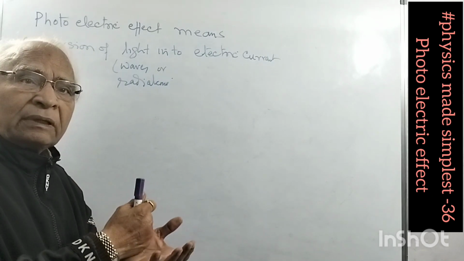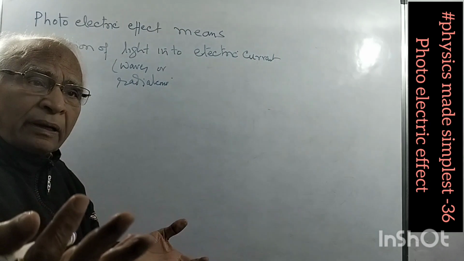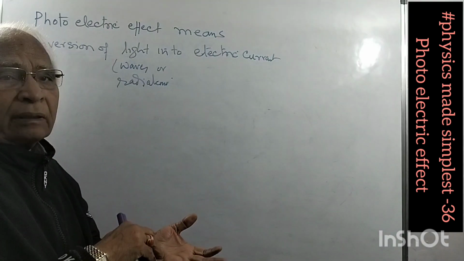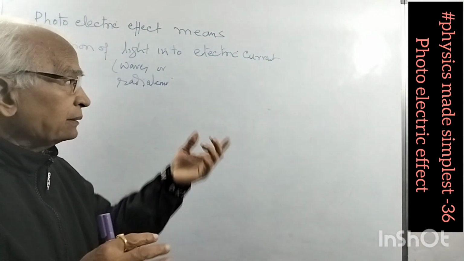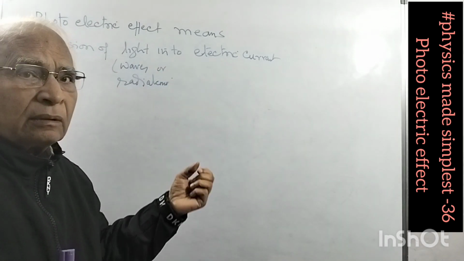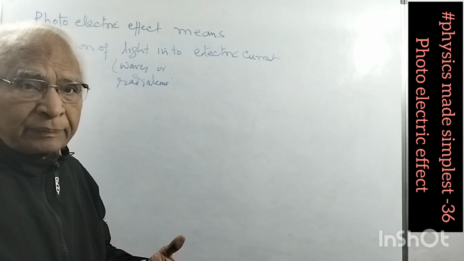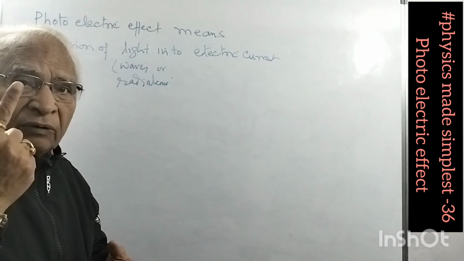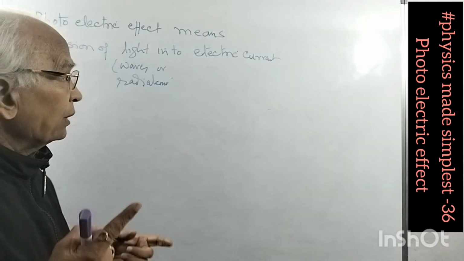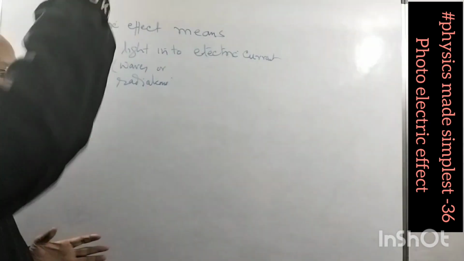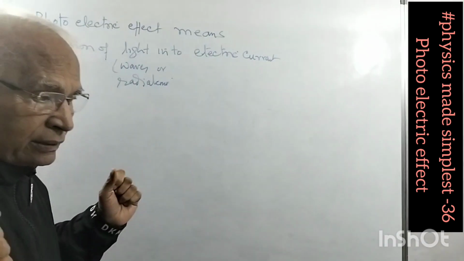So matter can be converted into any energy, and all energy can be converted into matter. That is here photoelectron. So they only change the shapes. Otherwise it is only one thing, energy. The whole universe is filled with energy.